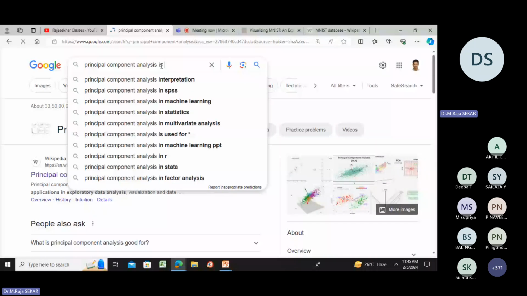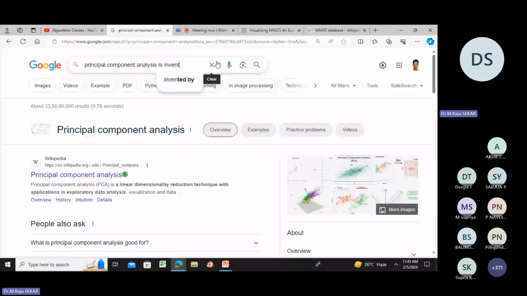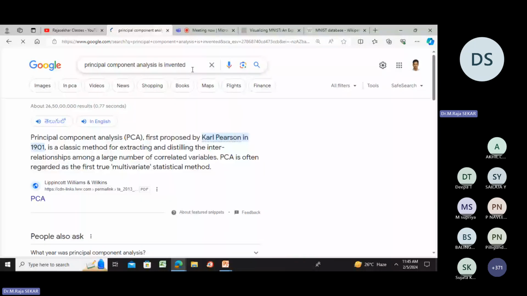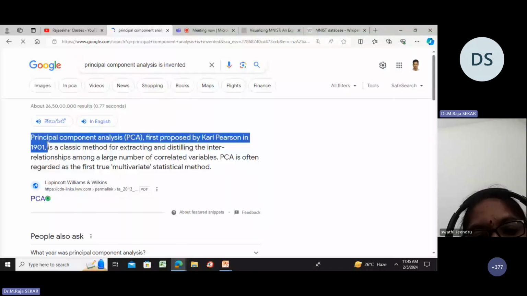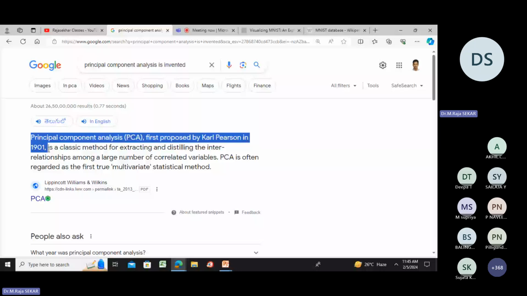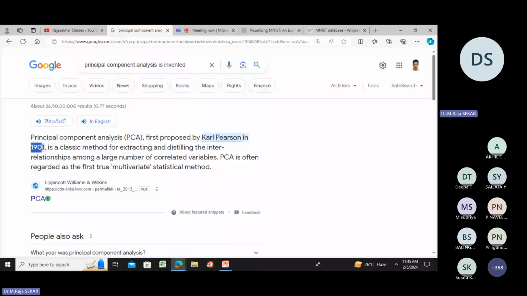I request participants to check this. Yes, just see: principal component analysis was first proposed by Karl Pearson in 1901. This is the beauty. In the year 1901, a great person introduced this technique.